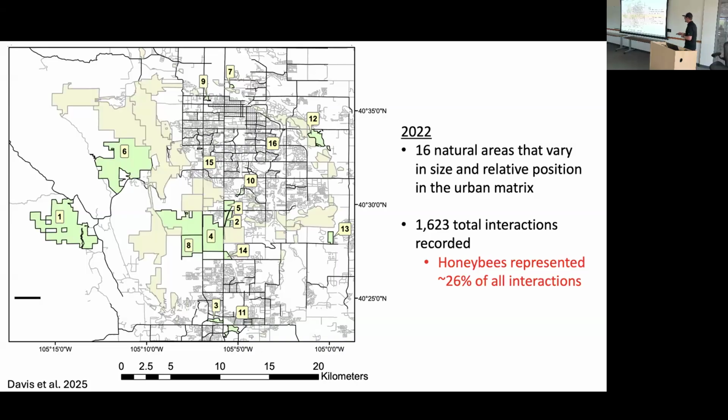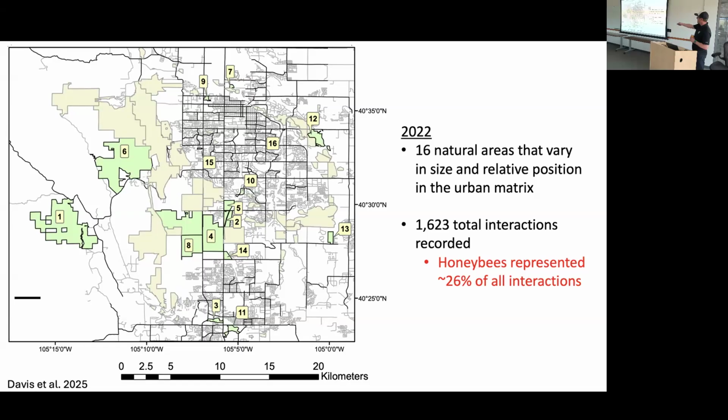And so in 2022, Nathan and I selected all these study sites, about 16 in total, in these natural areas in the Fort Collins area. They intentionally varied in size, but they also varied in proximity to the urban landscape.